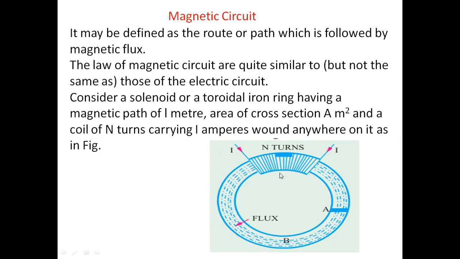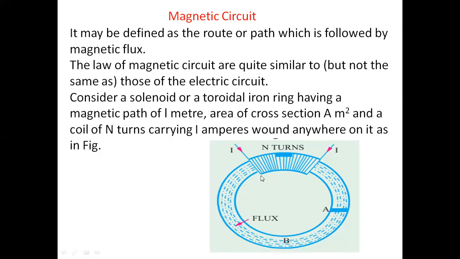By taking an iron ring and winding the wire on it, we get a number of turns, N turns, carrying a current of I amperes.